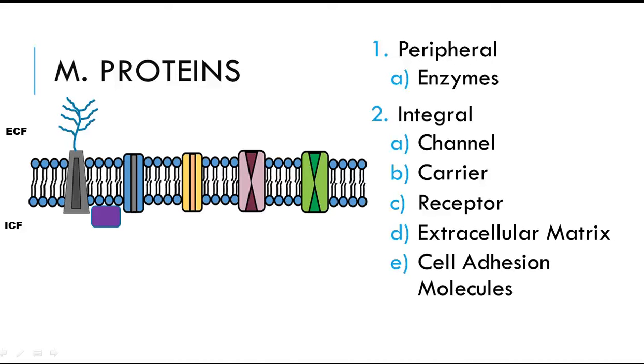So they can use temporary attraction, or more long-term interlacings with the extracellular matrix. They may serve as receptors, carriers, channels. We keep going on. Some proteins in a membrane are enzymatic, so some of our integral membrane proteins are enzymes as well, carrying out a specific reaction.